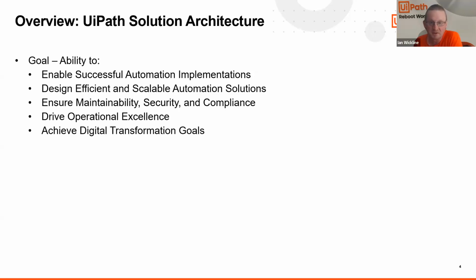The UiPath Solution Architecture plays that pivotal role in ensuring the success of automation projects, trying to provide that strategic framework, all the guiding principles, trying to set that foundation for the entire automation journey. A well-defined solution architecture is going to help the organization plan, organize, and execute their automation initiatives effectively.